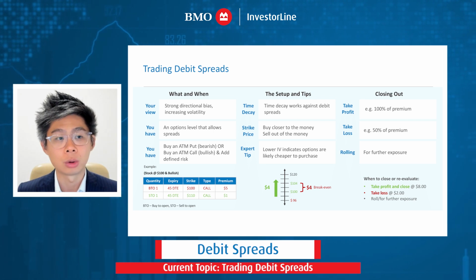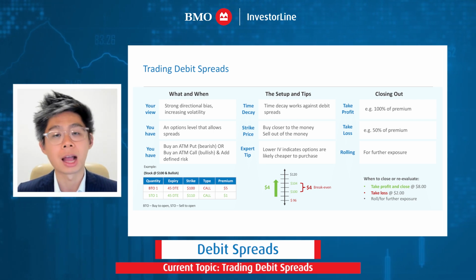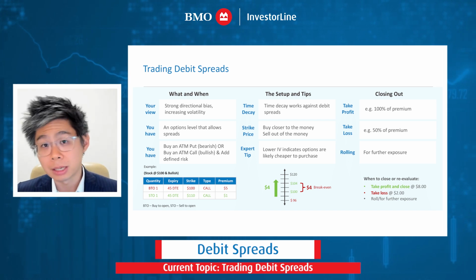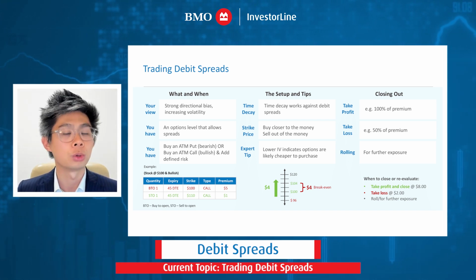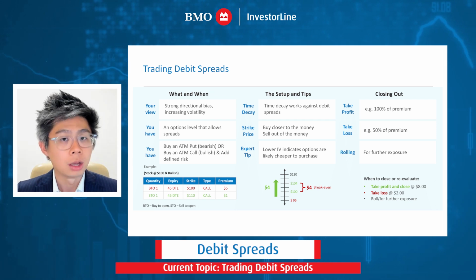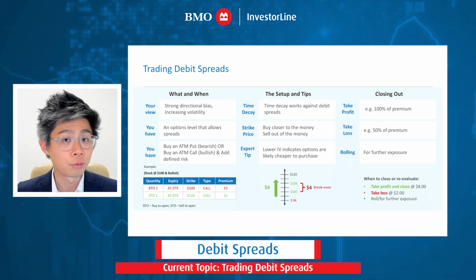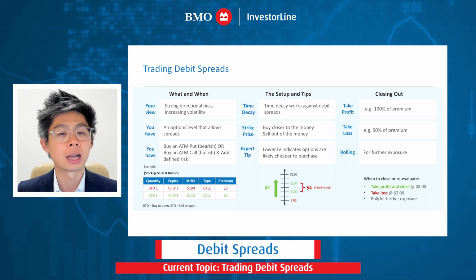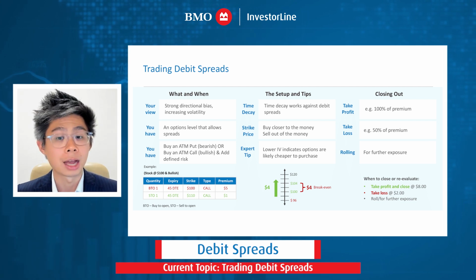You need to understand when you will have an expected move, and you generally want to buy a debit spread just before you expect that expected move to materialize, not too far before, because you have time decay working against you when you are owning that long call or put or that debit spread.